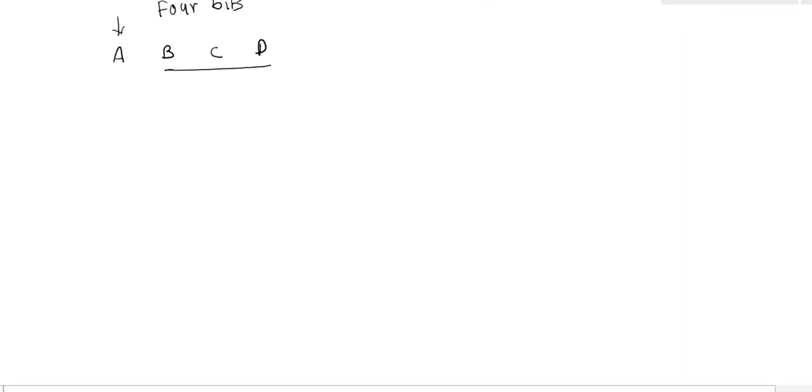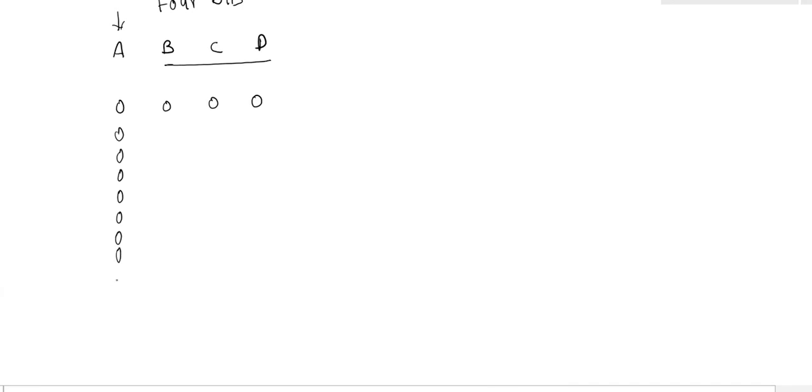Now 4 bits, 4 variables as we are considering, the possible combinations are 0, 0, 0, 0 to 1, 1, 1, 1. So 16 possible combination values will be here. We have to complete the truth table.